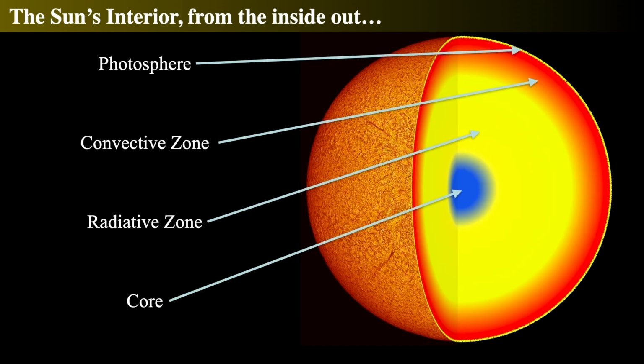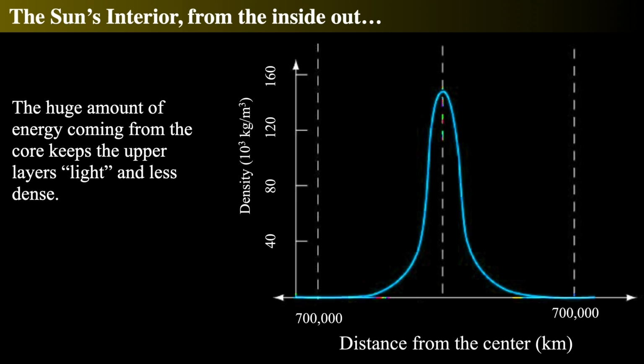Again, we start at the core, it goes through the radiation zone, the convection zone, and the photosphere, and then we can dial down and say, okay, the center is the central line, and there's a peak at the center. So we see that most of the high density area is right at the center. The densest portion of the sun is extraordinarily high density, and then it drops rather rapidly outside the core.